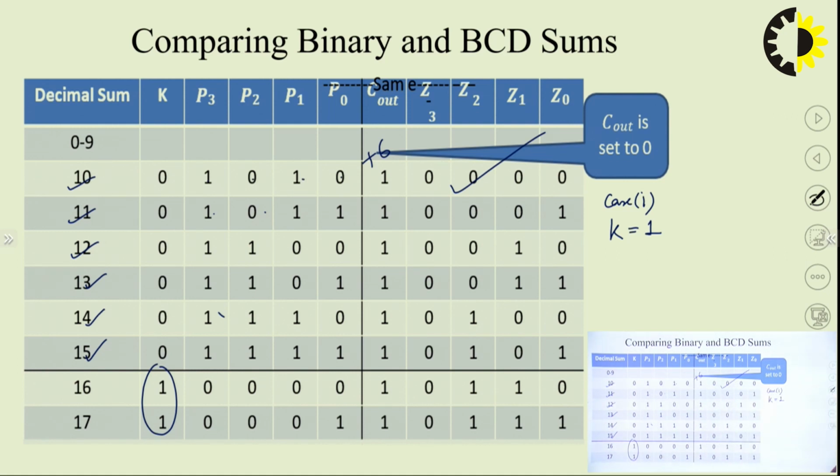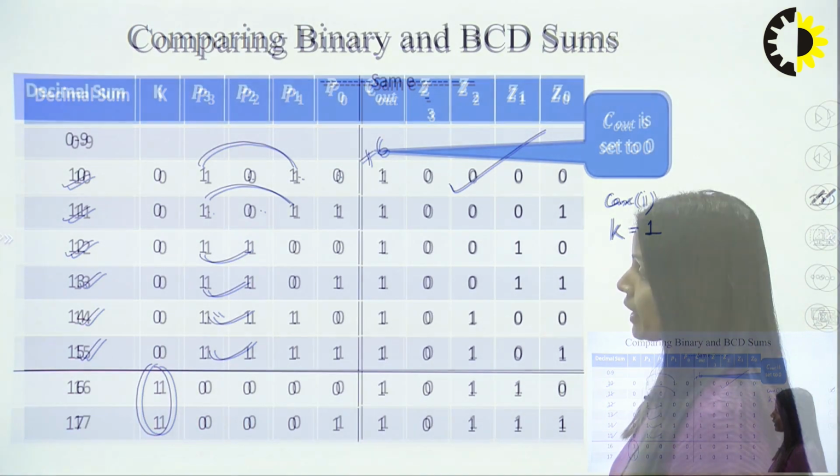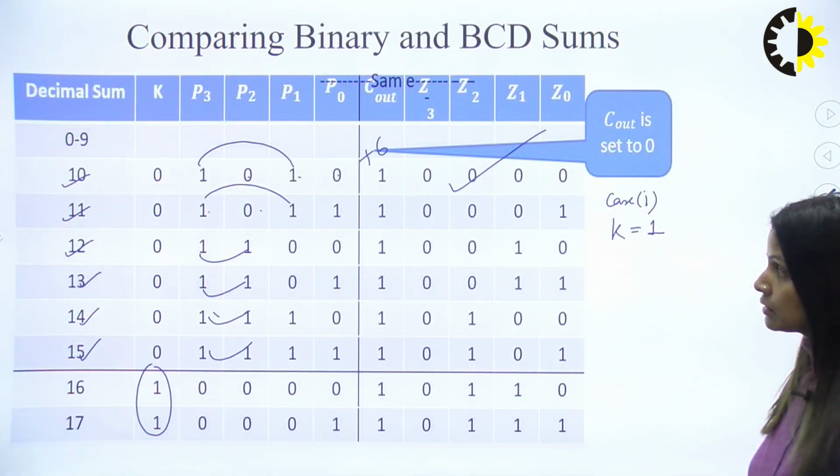So what I can say, if either my P3 P1 is 1, then the corrective action is being taken, or my P2 P3 is 1, then the corrective action is being taken. Okay. So I have undoubtedly 3 cases where the corrective action will take place.